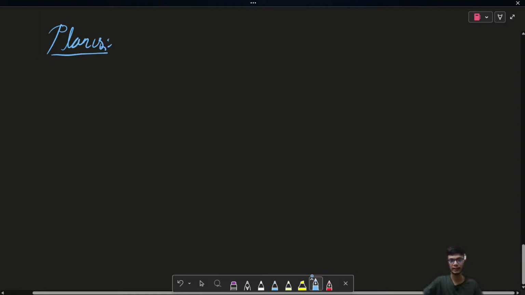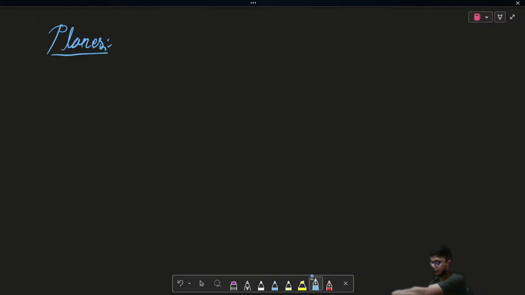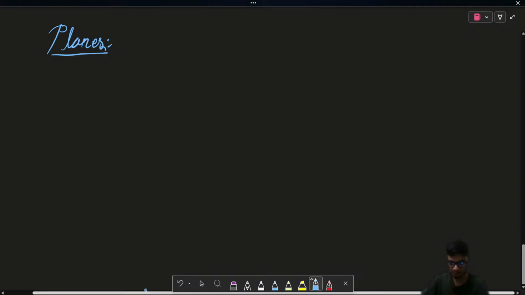You can understand planes as a simple page of a paper. Let us say the plane is something like this. You can see a piece of paper, right? You can assume the plane as a piece of paper which is held straight like this.